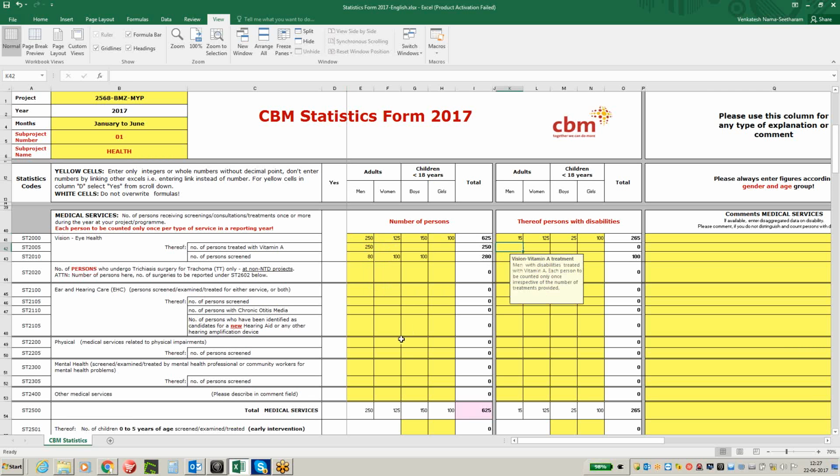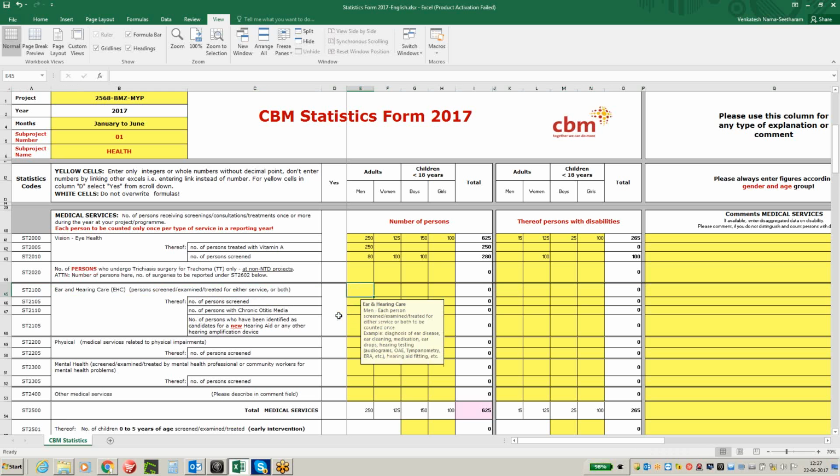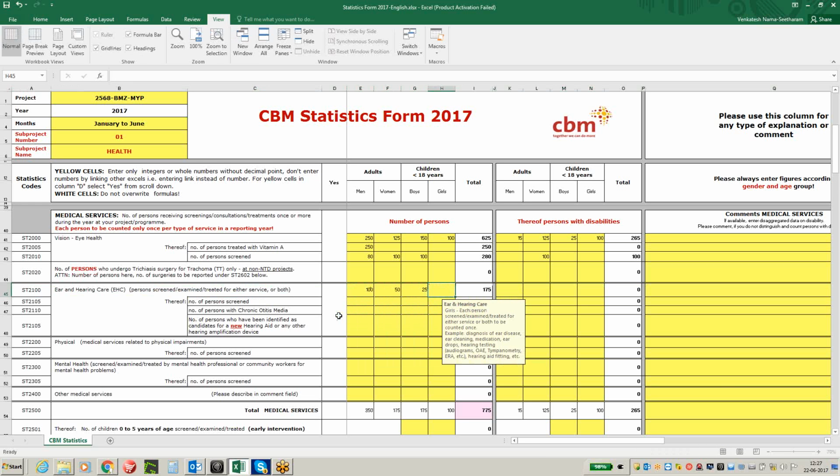Okay, if there are no more questions, then we'll go to the next section here in hearing care. It is the same as the vision section. The first line is the number of persons registered, meaning reached in EHC, for 100 or 50 or 25, 75, something like this.